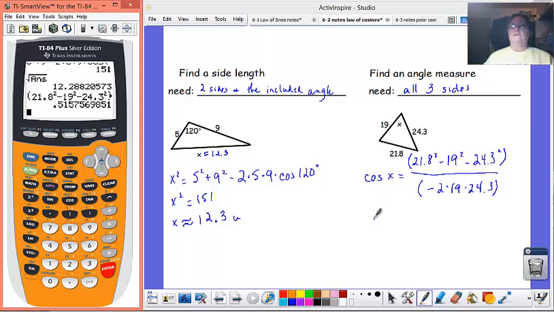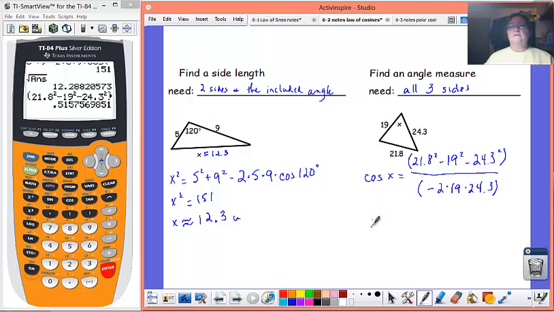And there we have the cosine of our angle. So the cosine of x is about 0.5158.